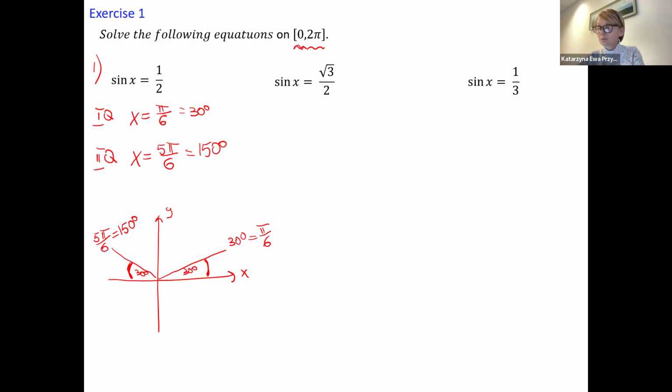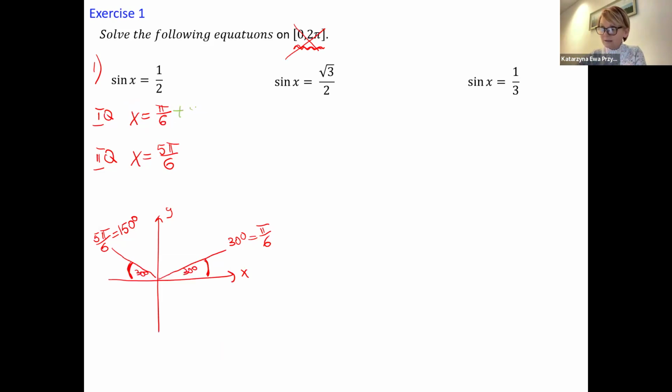And when we are asked to provide the solution just between 0 and 2 pi, we have to provide 2 of them. We can still add 2 pi and another 2 pi. That means if this restriction is not provided or not needed, then we will need all of the solutions.